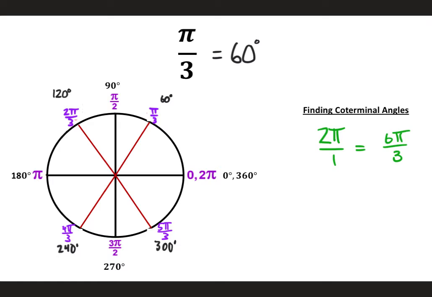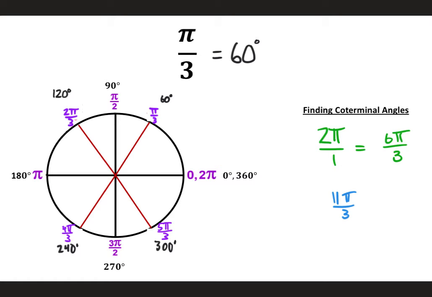So for example, if I had something like, let's say, 11 pi over 3, what I'm going to do is subtract 6 from the numerator over and over, right? Because 6 over 3 would be 2 pi. I'm going to subtract 6 from the numerator over and over until I get back to one of the ones that are our least positives.